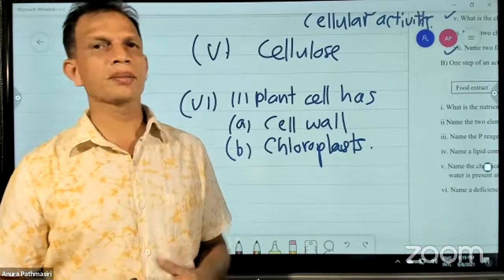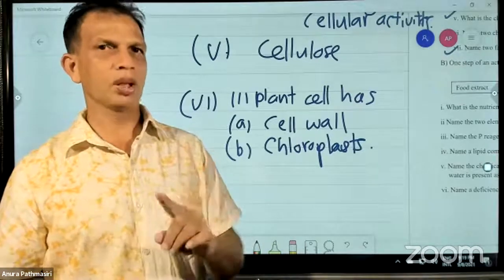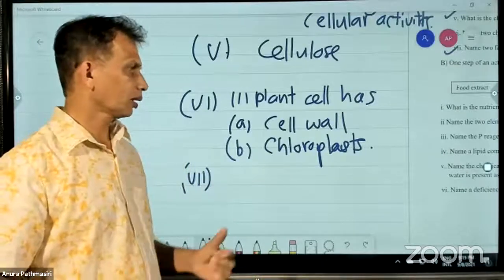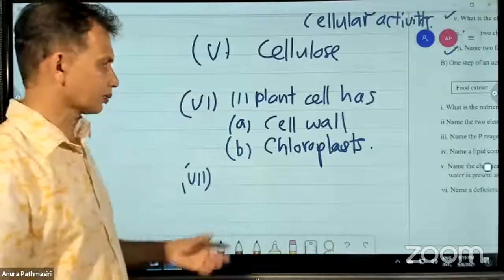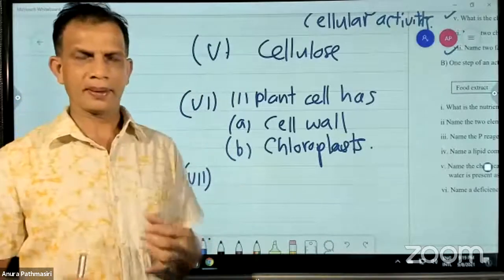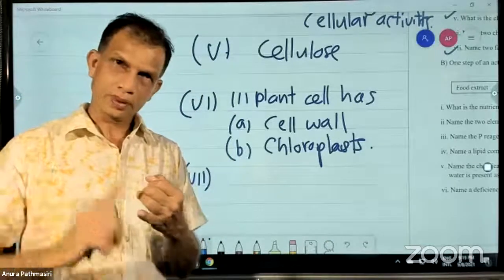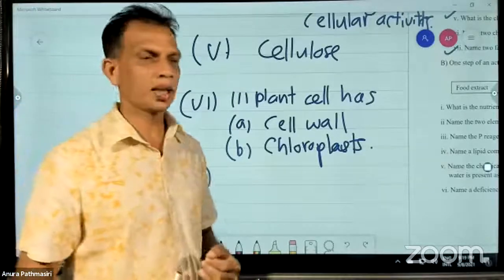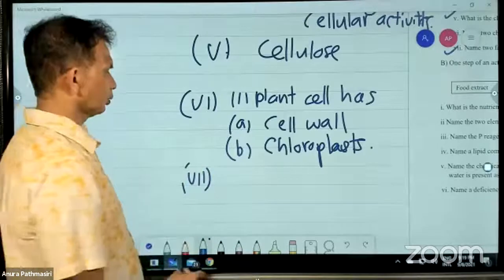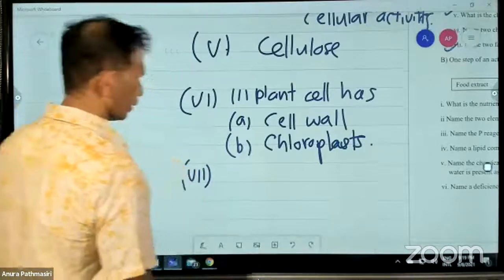First one: the structural and functional unit of life is the cell.